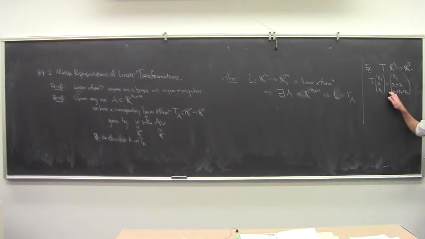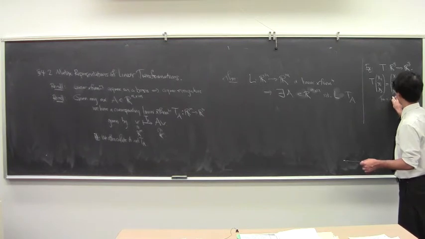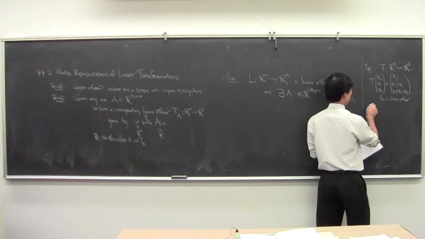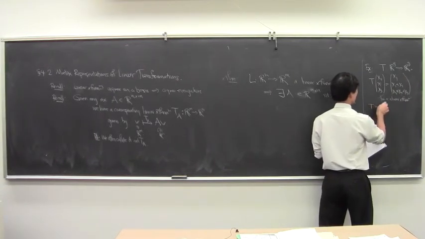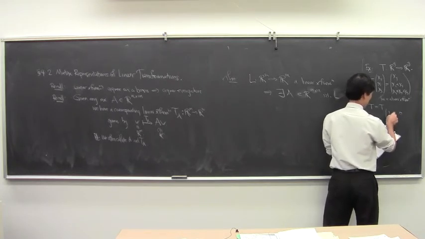This is a linear transformation, right? And lo and behold, it turns out that T is the same thing as T sub the matrix 1, 0, 0, 1, 1, 0, 1, 1, 1.